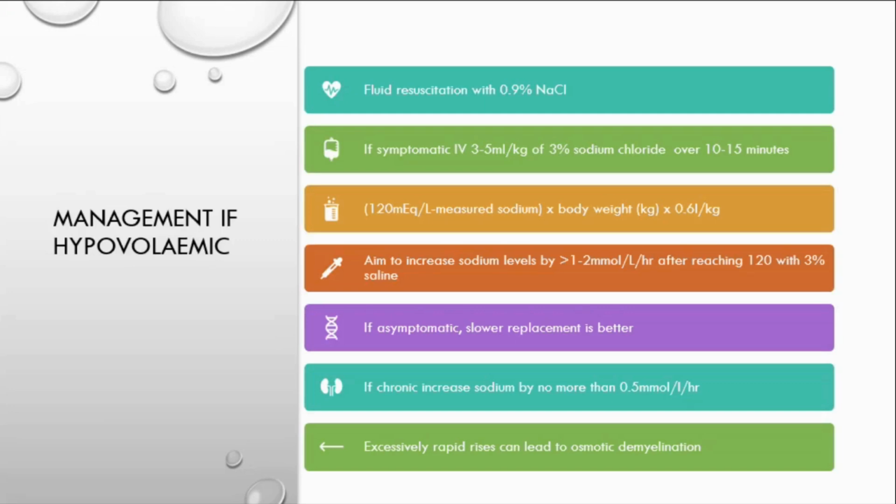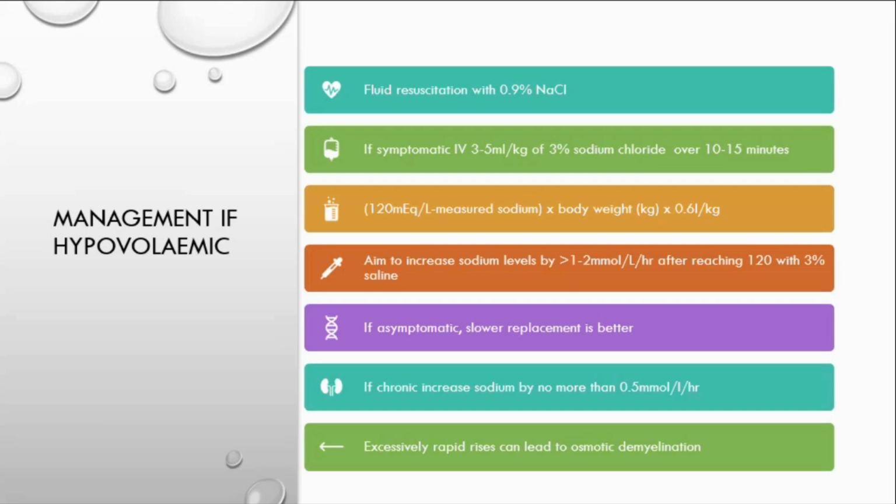So if the patients are hypovolemic, like we said before, you want to resuscitate them with 0.9% saline. And then if you have a symptomatic patient with hyponatremia, like they're in a coma or they're fitting, then you want to correct it quickly. So then you can give 3%, so hypertonic saline, 3% sodium chloride, 3 to 5 mL per kg over 10 to 15 minutes.